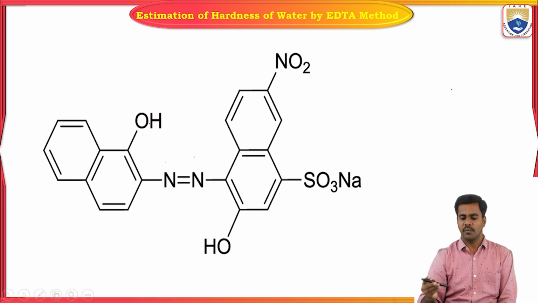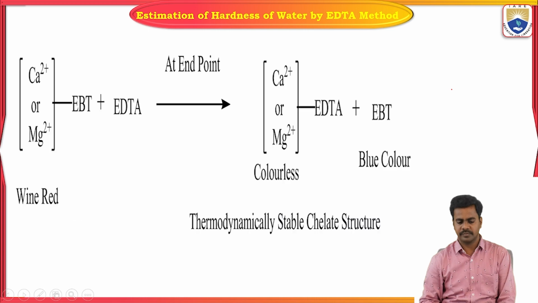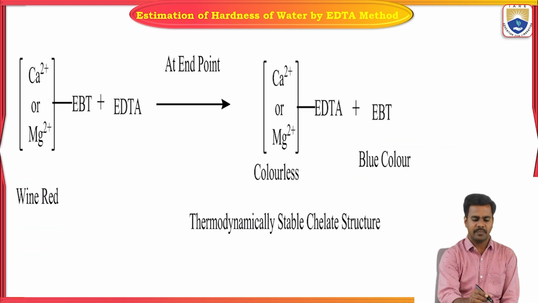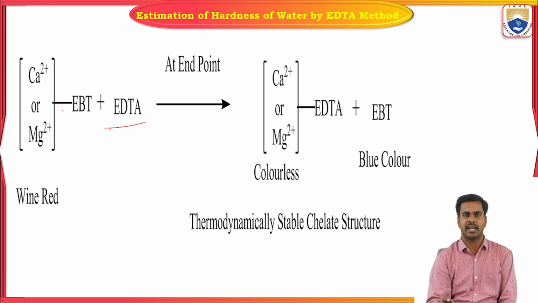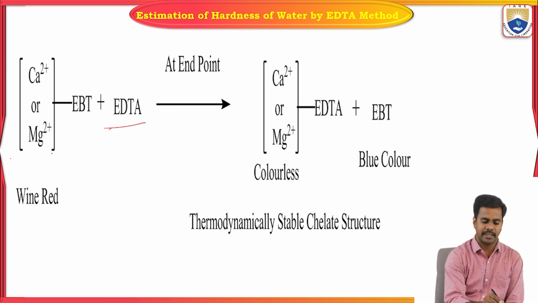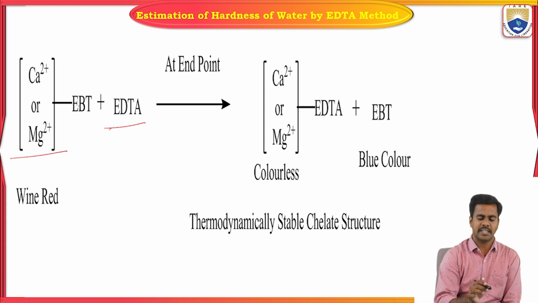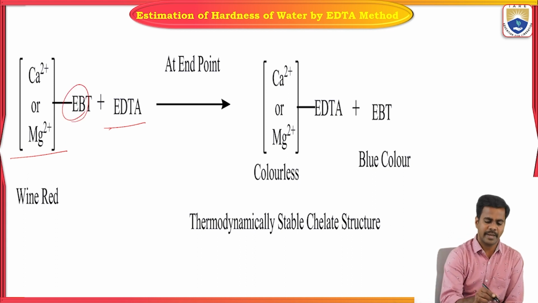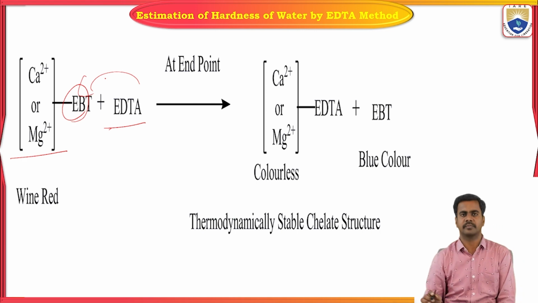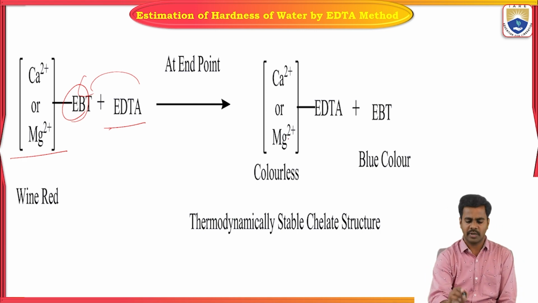That's why when you are adding EDTA to the complex which contains metal EBT, then EBT present in the complex is replaced by EDTA. So it is a strong ligand.